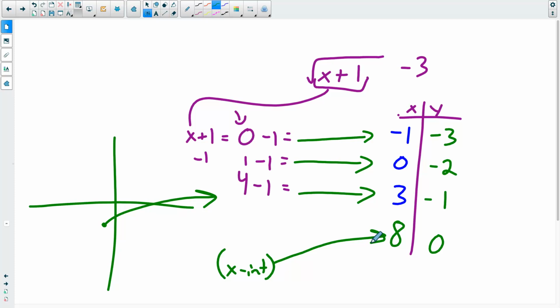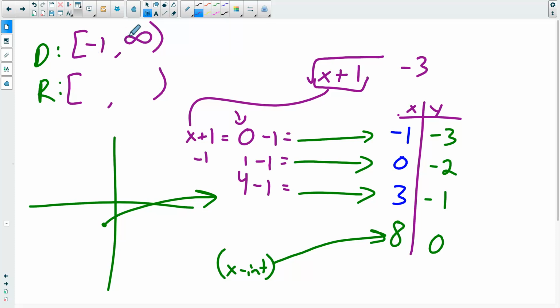And where does that happen? 0, negative 2. Yeah, so that's what we got going on there. Now, domain and range. What's my domain going to be? Negative 1 to infinity. Yes.